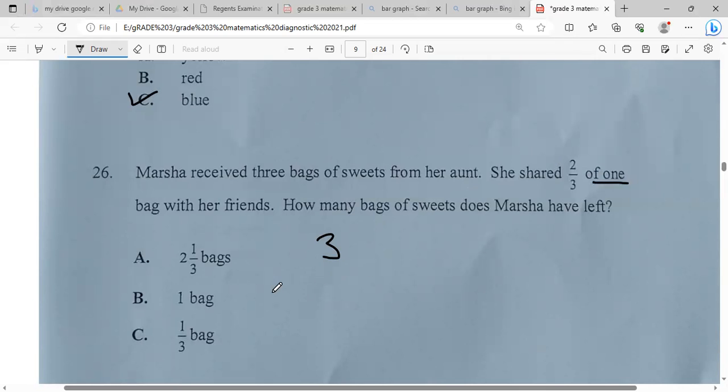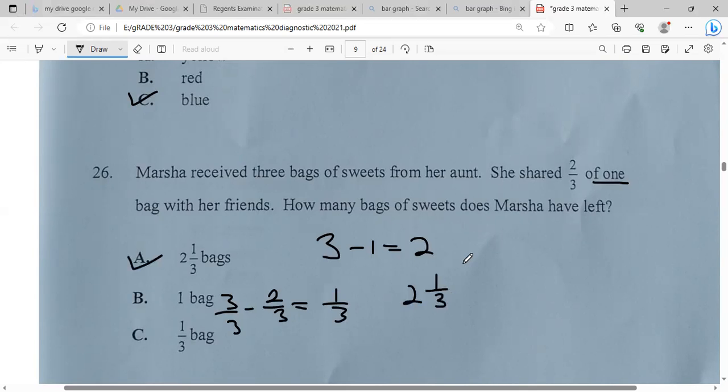So out of that 1 bag, let's call the bag 3/3, she'd have 1/3 left. But remember, you subtracted 1 from the 3, so it's 2 and 1/3.